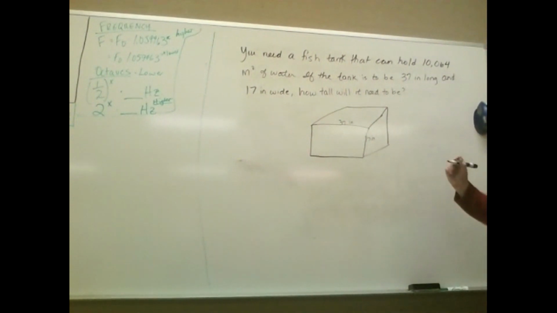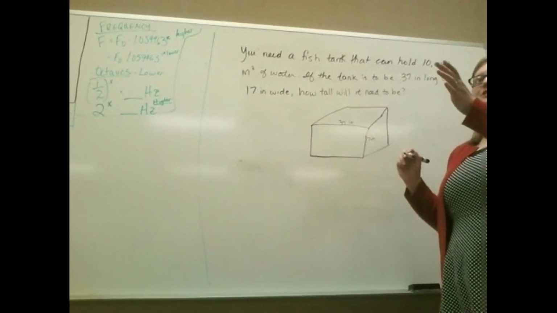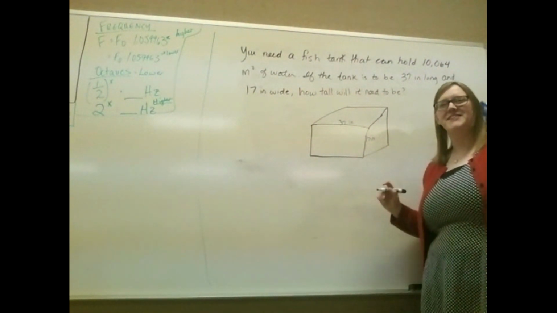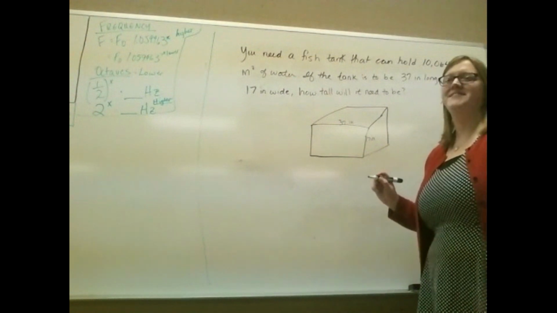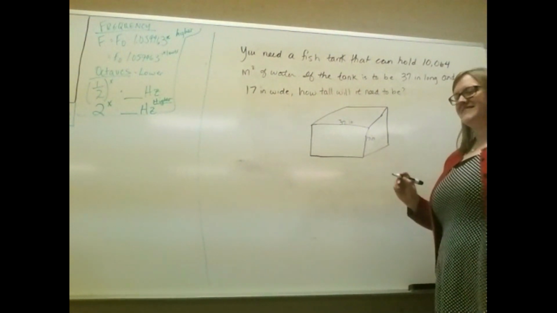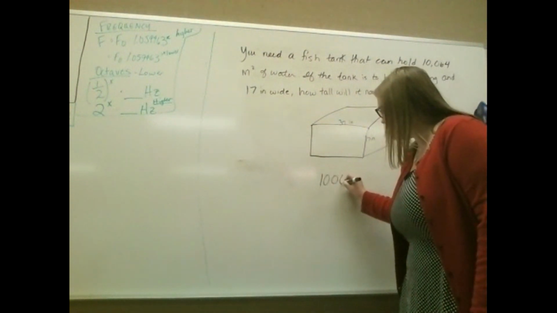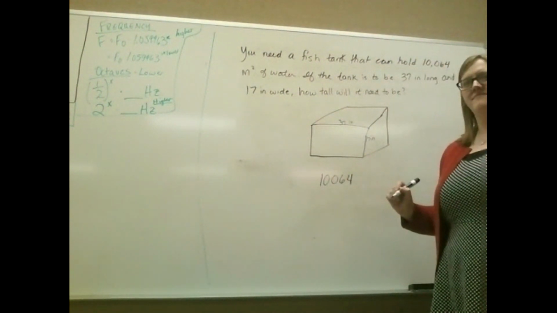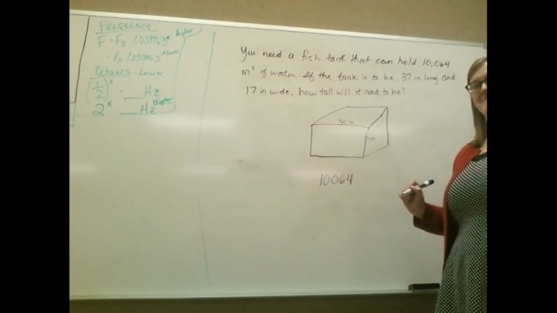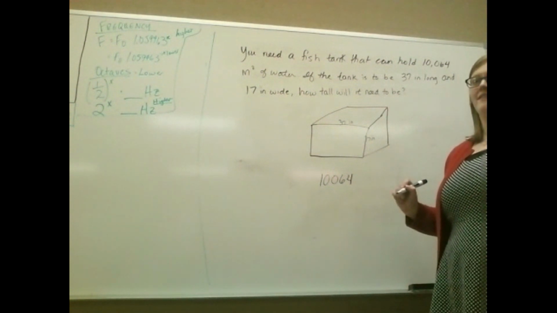All right. So Taylor, she did the pictures, and now you have to do the formula. What did you write for your formula? I wrote them backwards. Oh, you wrote them backwards? Okay.